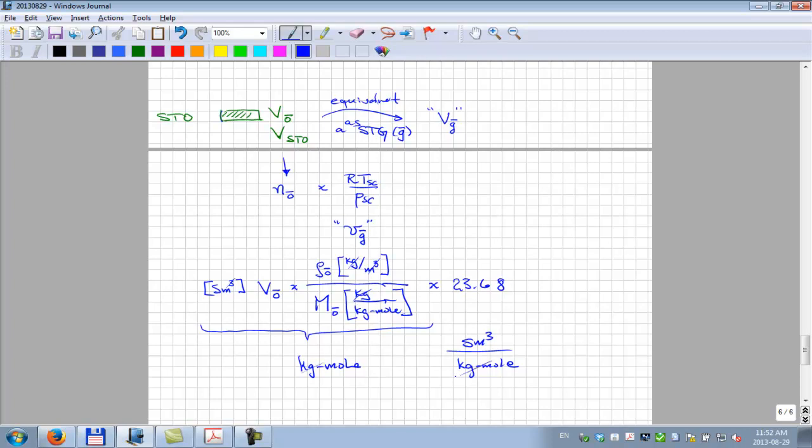And we can cancel out the kilogram moles. So we end up with what we wanted, this equivalent standard cubic meter. This is a green standard cubic meter because it's oil. We've now converted it over to this red standard cubic meter, which is a fictitious, theoretical standard cubic meter of ideal gas equivalent.